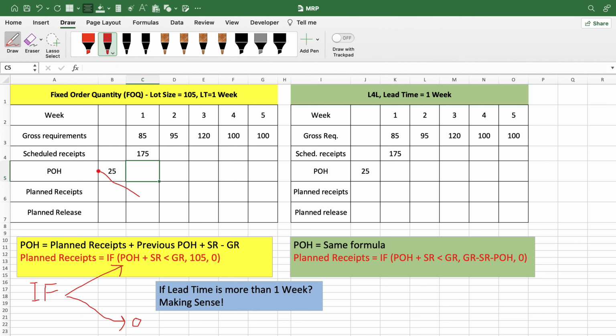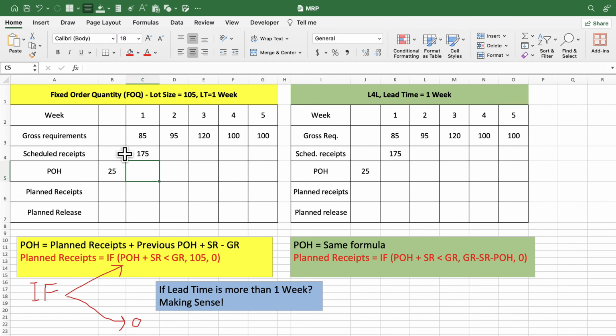So our approach will be 0 plus 25 plus 175 minus 85. So 25 plus 175 will be 200, and 200 minus 85 will be 115. The formula that I'll be using to calculate projected on hand is given here, which means planned receipts, which means this quantity, plus projected on hand plus scheduled receipts minus gross requirement.